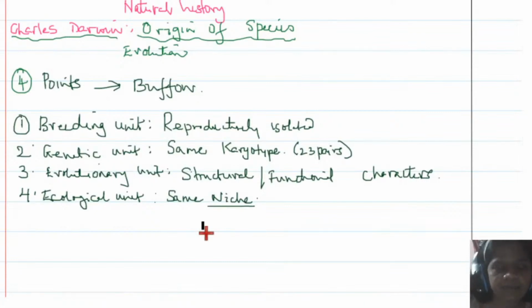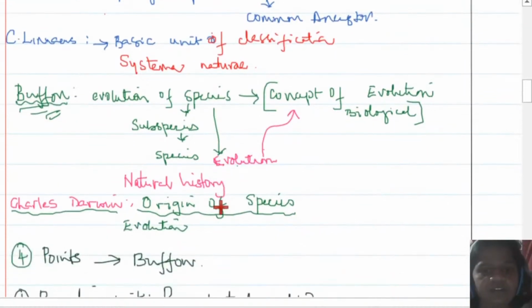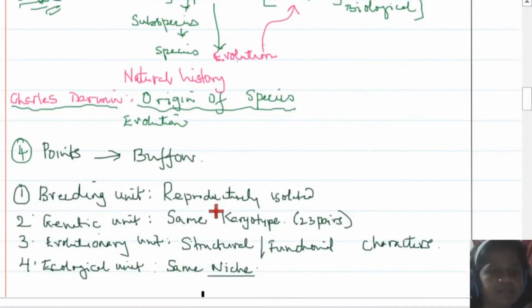Although that is right, expand on it because different authors and scientists have different takes on the concept of it. John Ray said that they have a... Linnaeus said the unit of classification. Buffon said evolution of species paves the way for biological evolution, and Charles Darwin proposed the origin of species through variations. We actually describe how evolution forms through species.